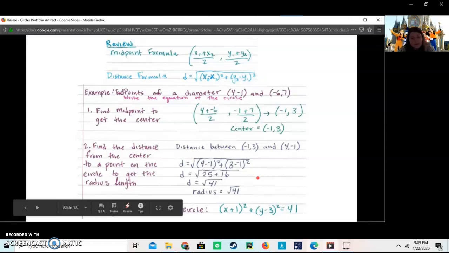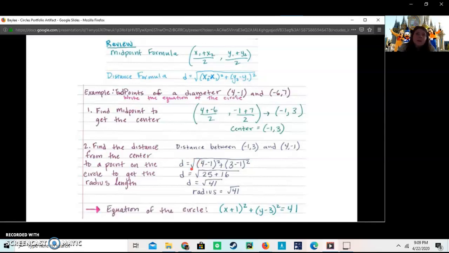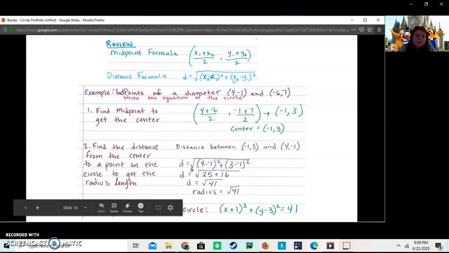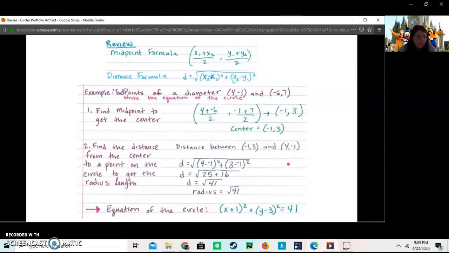Then we end up getting 25 plus 16, which is 41, and then you want to take the square root of 41, and that is our radius. The square root of 41 is not a whole number.